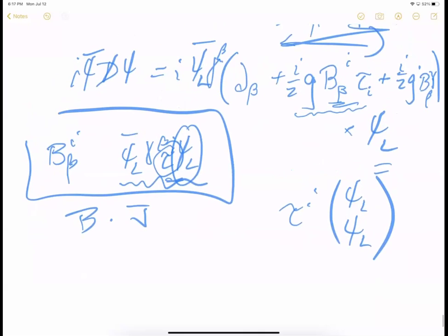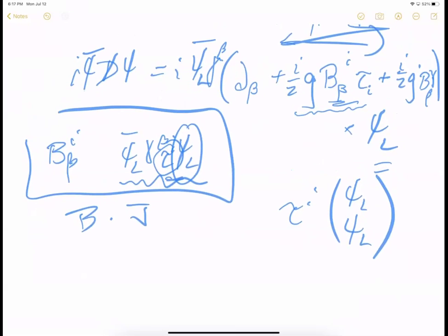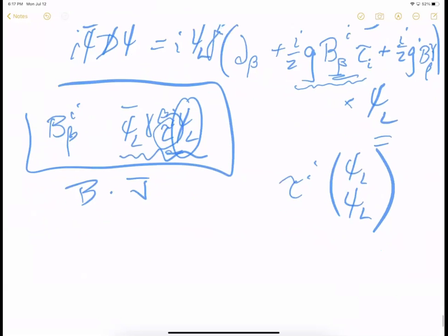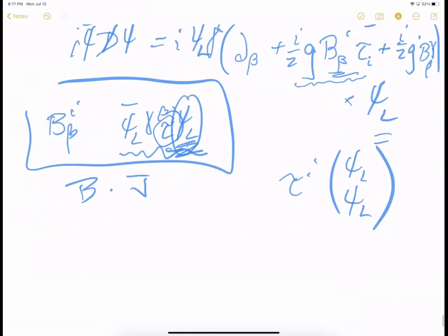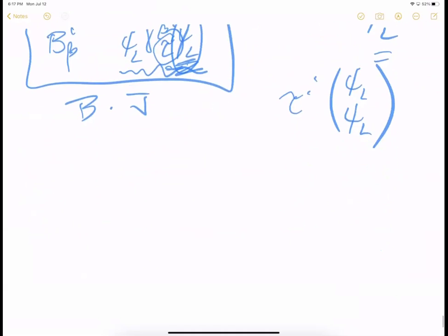Now, we can't just do the theory with only the left-handed fields entirely, because we're unifying the electromagnetic and the weak interactions. And while the weak interactions violate parity, and so we need left-handed spinors here, electromagnetism preserves parity.